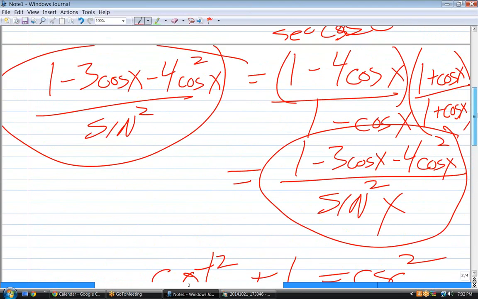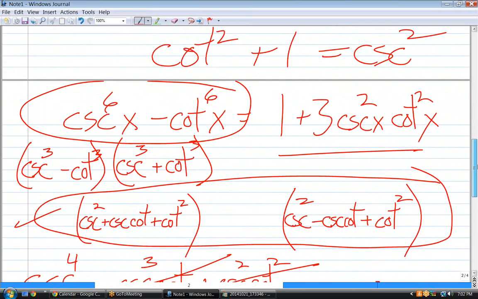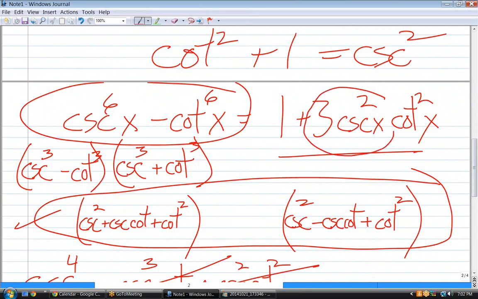Ah, I'm seeing it now. In other words, somehow we have to get 3 cosecant squareds. If I multiply this identity by 3, I get 3 cosecant squareds. Well, the solution is going to lie along that line. I can tell you that right now.